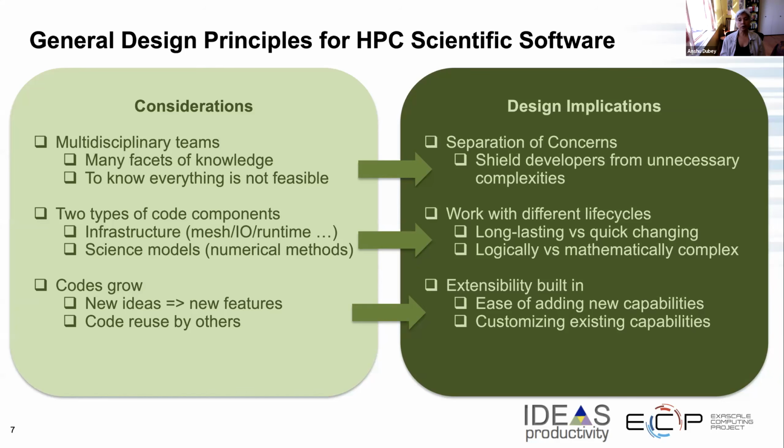And then there is the quick-changing part, which is the science model. That is quick changing because it is the part of the code that is typically under ongoing research and therefore needs frequent upgrading. And therefore this needs to have a much more nimble life cycle.